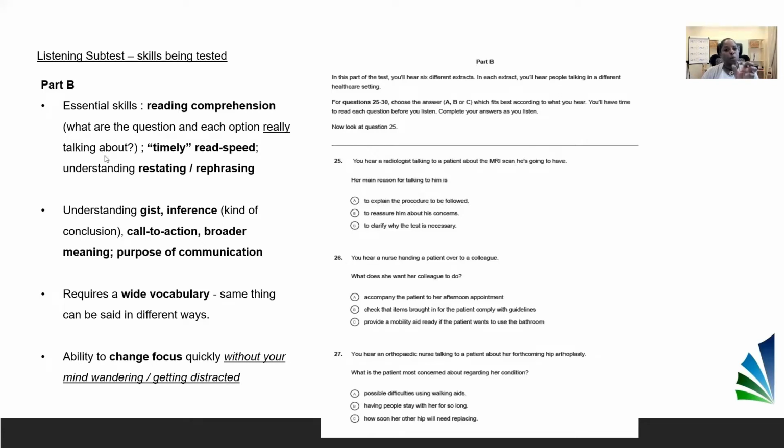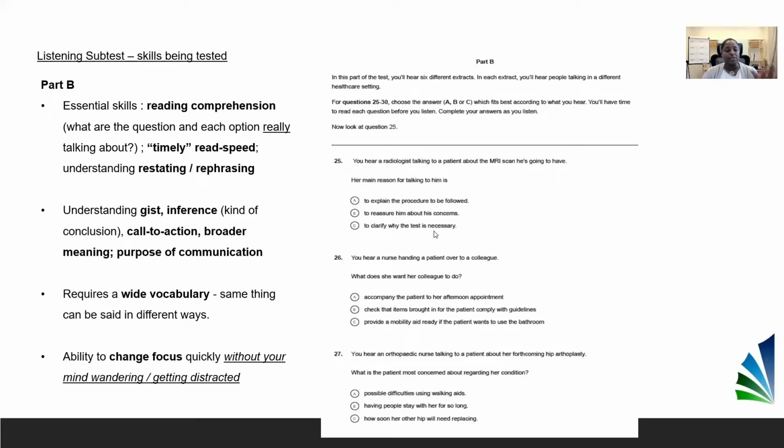They're not talking about a word, they're talking about a context. Okay, again, timely, read speed, and I say timely here, not fast, simply because here you really do need attention to the details. Okay, and again, understand restating and rephrasing, because the information in the options is heavily restated.